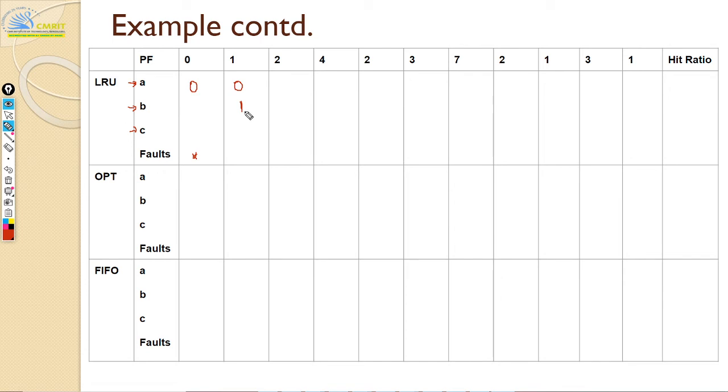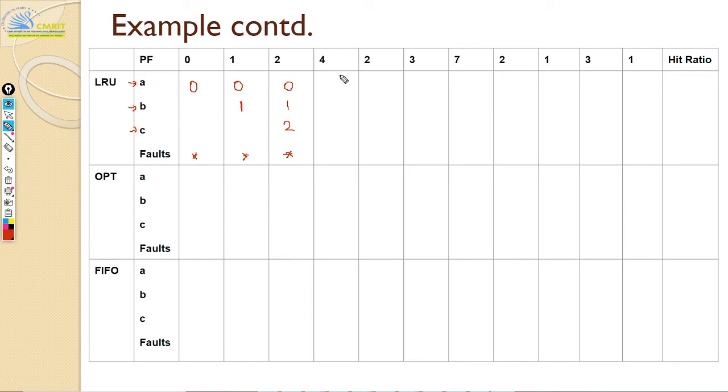Yes, because you didn't find it in your page frame. B was initially empty, so you're bringing the page from your virtual memory. The third one, page 2, you bring from your virtual memory to your physical memory. You have one more slot free, so you put the page here. Is it a fault? Yes, it is a fault.